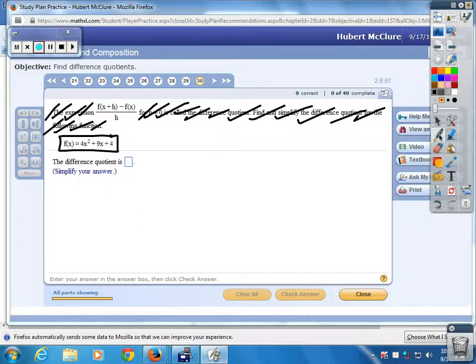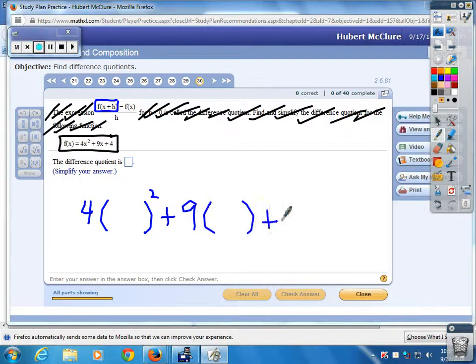So for this right here, I'll color this blue. For this part right here, we got to do 4 parentheses squared plus 9 parentheses plus 4. That's just the blue part right there.